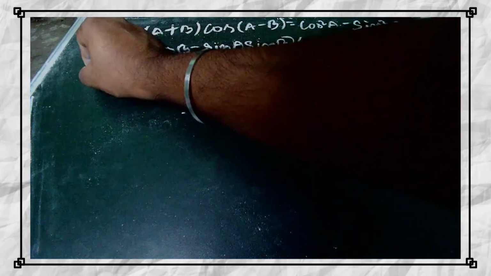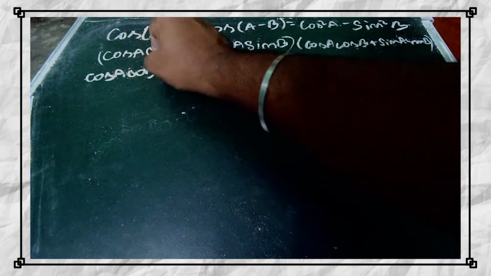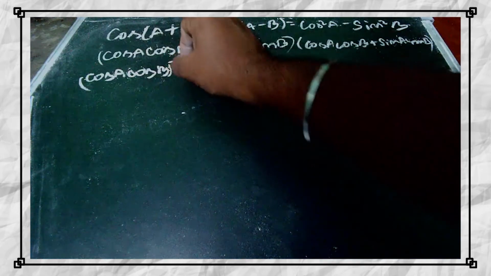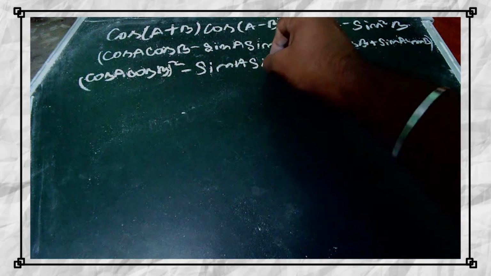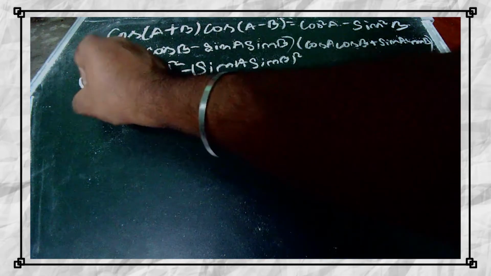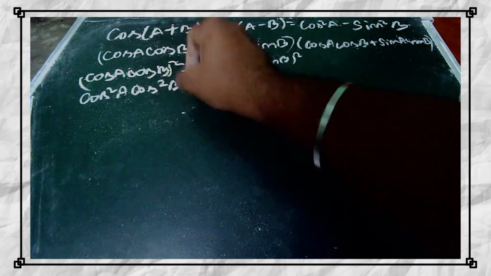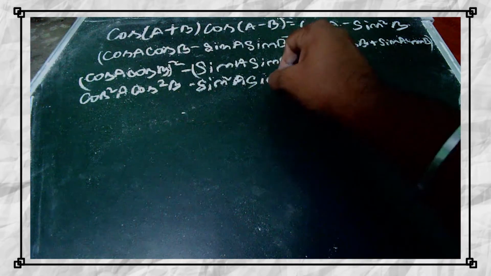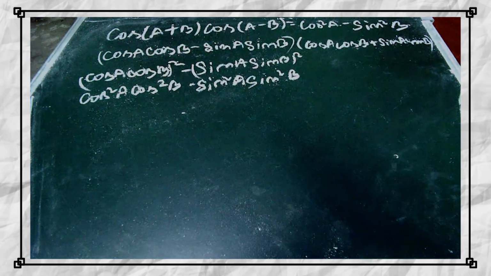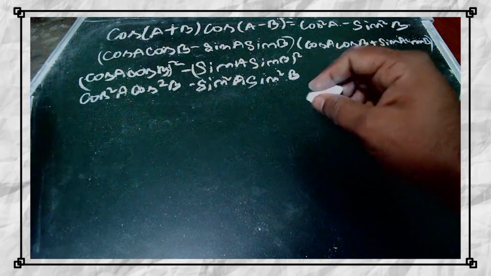Now after multiplying, we get cos of A into cos of B whole square minus sine of A into sine of B whole square. What we will get is cos square A into cos square B minus sine square A into sine square B. So next we will convert sine square A and sine square B in terms of cos square A and cos square B respectively.